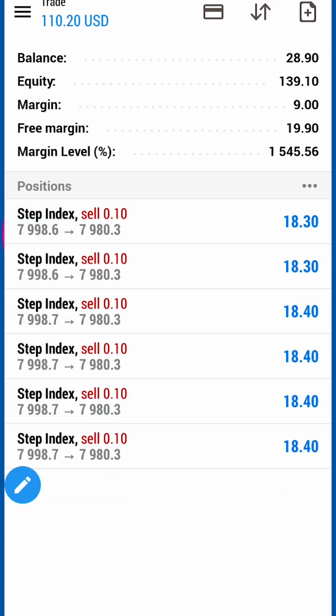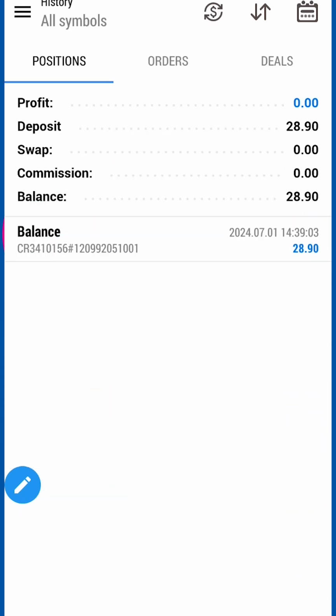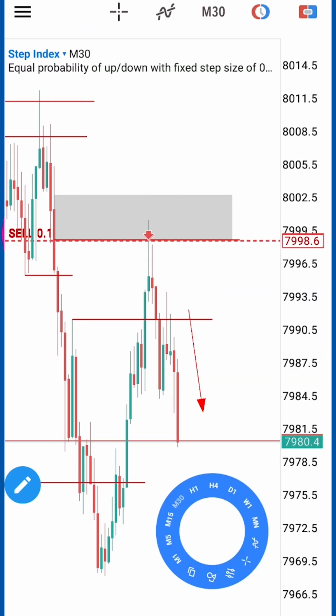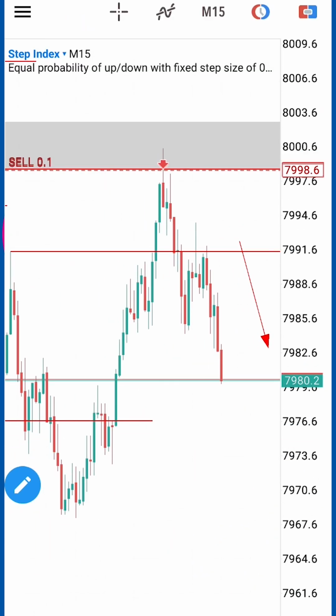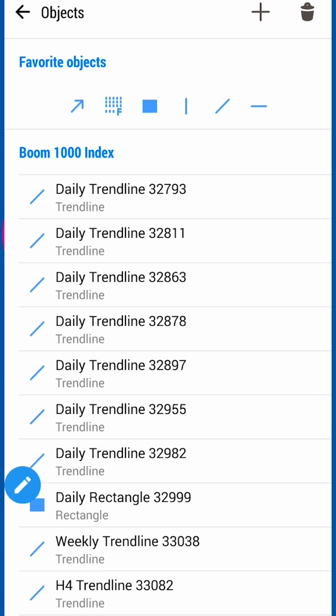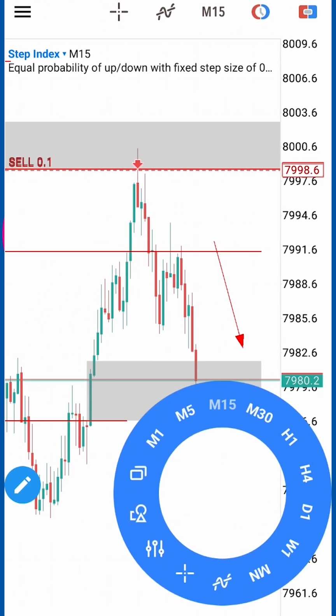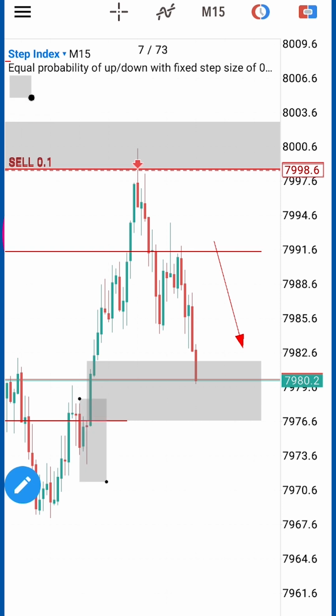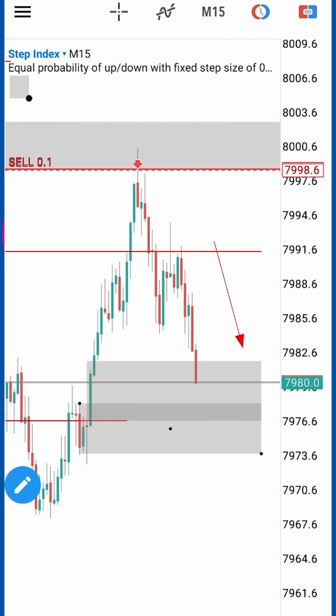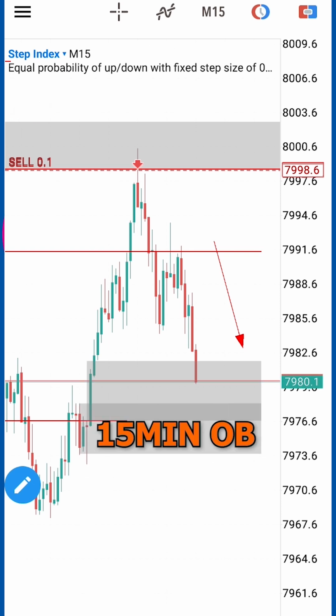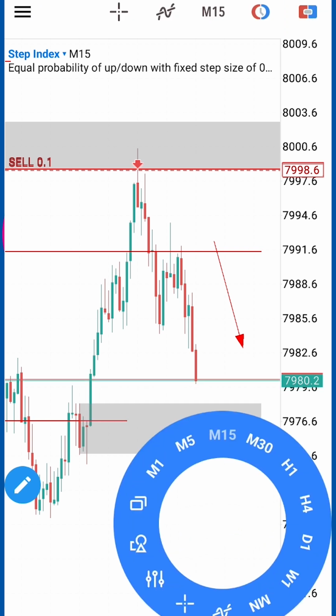And I have my own reasons why, and these are the reasons. I think price was going to stall there. It was going to take some time to continue shooting down, and that's because price met the imbalance right there. It was going to fill the imbalance, and as it fills the imbalance, it was going to hit the 15-minute order block. From there, it was going to do a consolidation.